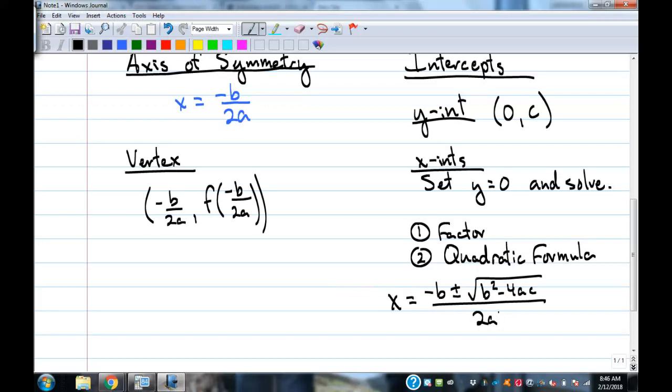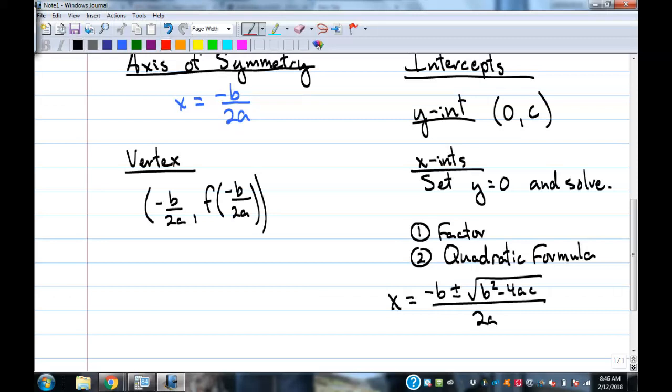X equals negative b plus or minus radical b squared minus 4ac, all divided by 2a. If you have trouble remembering that, sing it to the tune of Row, Row, Row Your Boat, and it works really great. X equals negative b plus or minus radical b squared minus 4ac divided by 2a.